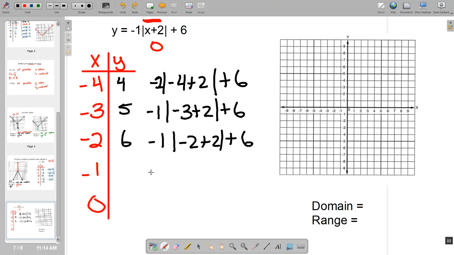And then if we plug in the next one, we do end up getting +5 again here, which is what we wanted, which means that this is our vertex. And so let's graph this really quick. And it looks like this is also going to be an upside down equation.